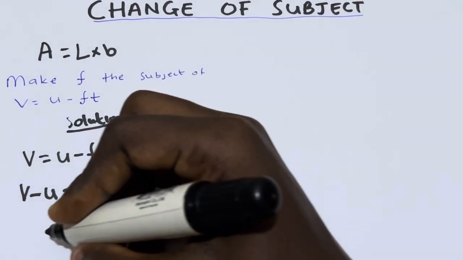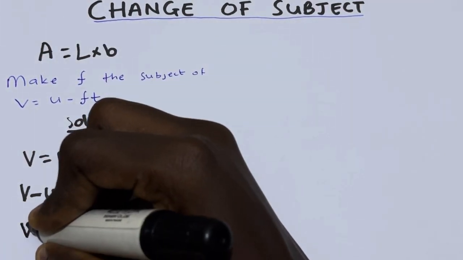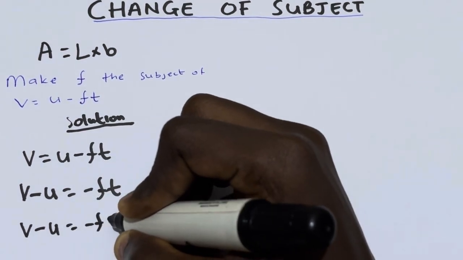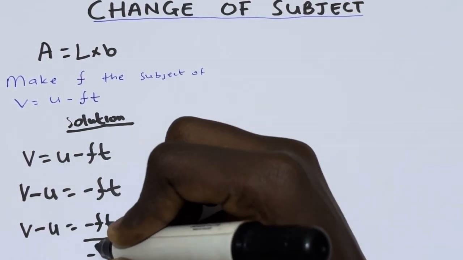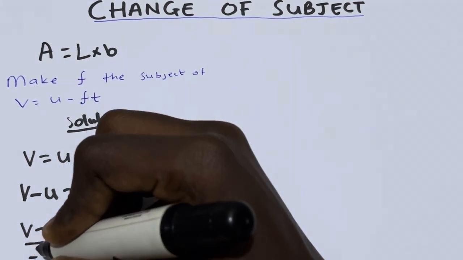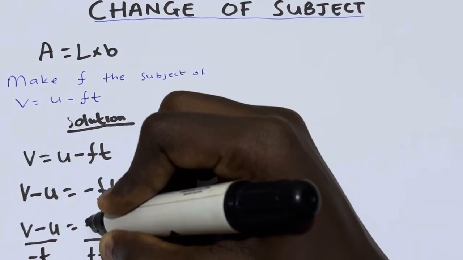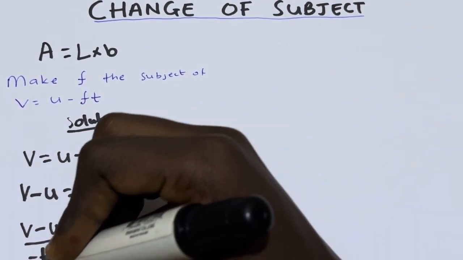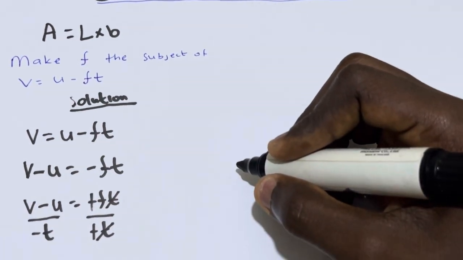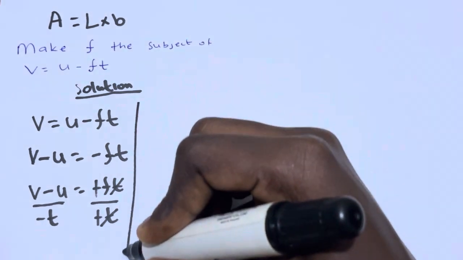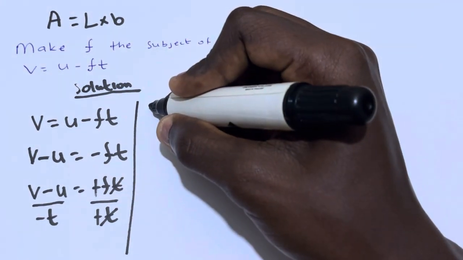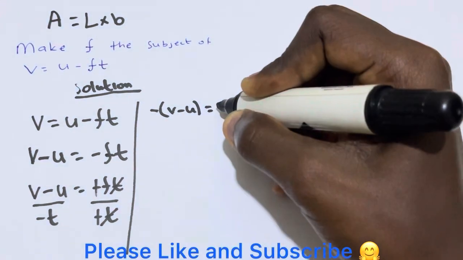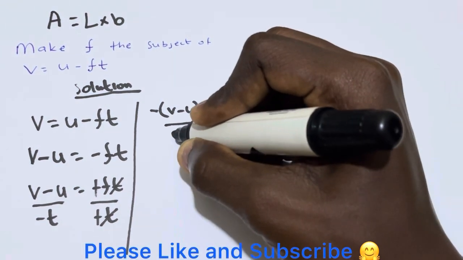So we come down here: v minus u equals minus ft. We divide both sides by -1 and t. So the negative will cancel the negative, the t will cancel the t. So we now have negative into bracket v minus u equals f over t.